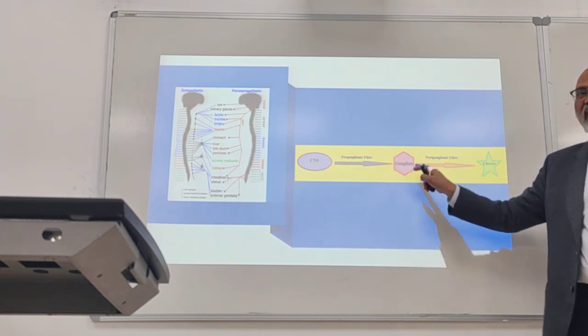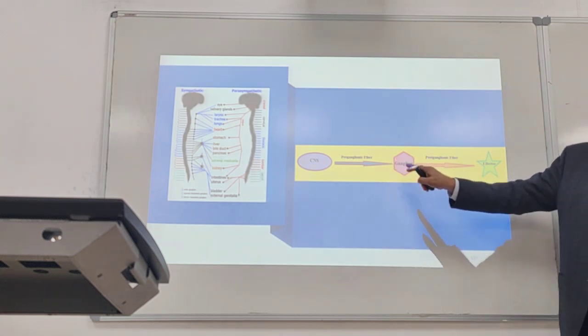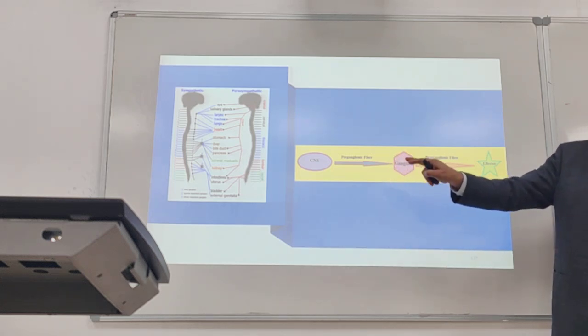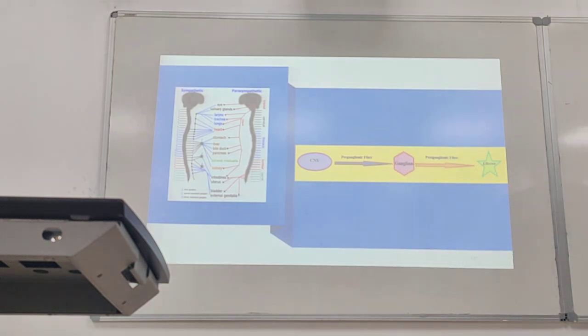This is the synapse. So preganglionic fibers of both sympathetic and parasympathetic use acetylcholine. Is there a short form for acetylcholine? Yes, it is there on the slide. ACH.